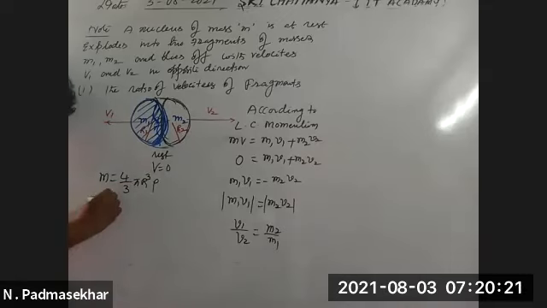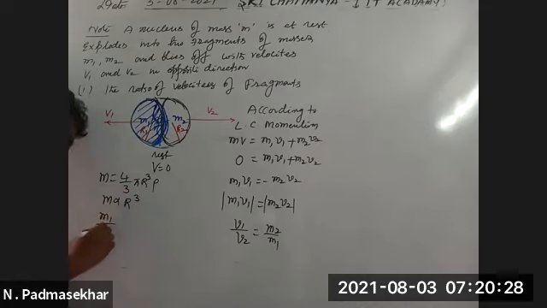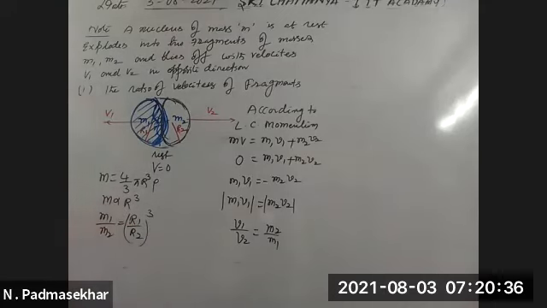So m is directly proportional to r cube, that is m1 by m2 is equal to r1 by r2 whole cube. Suppose the radius is given, in the place of m1 by m2 you can write r1 by r2 whole cube.